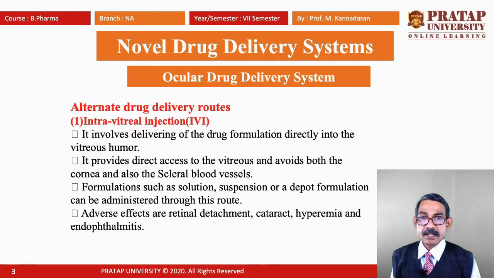That means systemic drug absorption is prevented. Formulations such as solution, suspension and depot formulations can be administered through this route. Whether conventional drug delivery systems or depot formulations, both are effectively delivered through the IVI route.